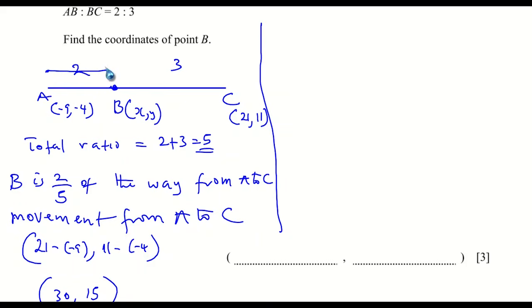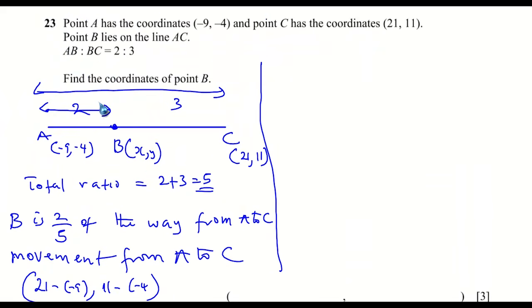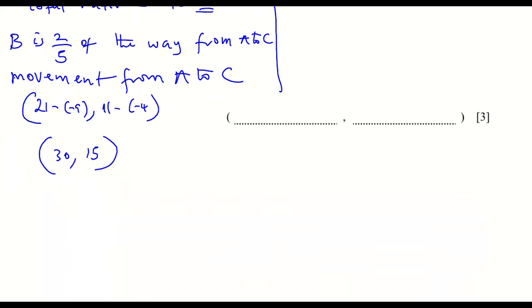We need to get the movement. We already know that the movement from here to here is 30, 15. To get the movement from A to B, we use 2/5 of it.